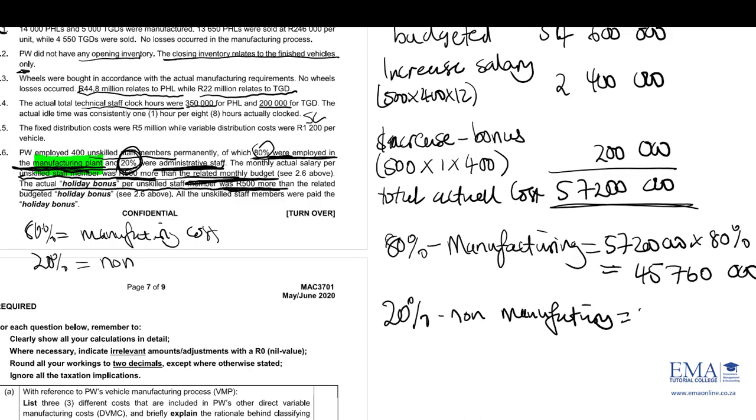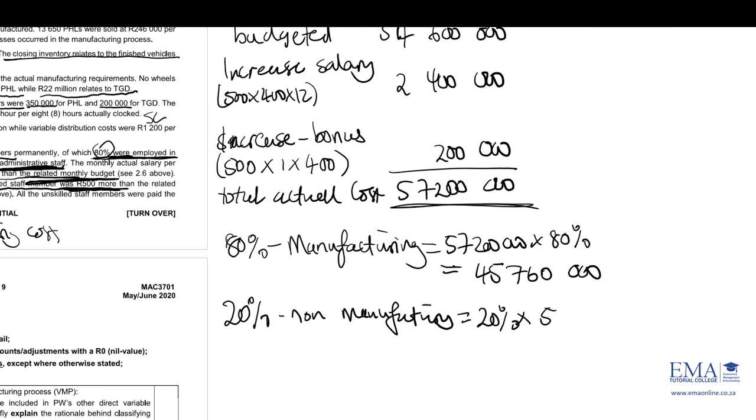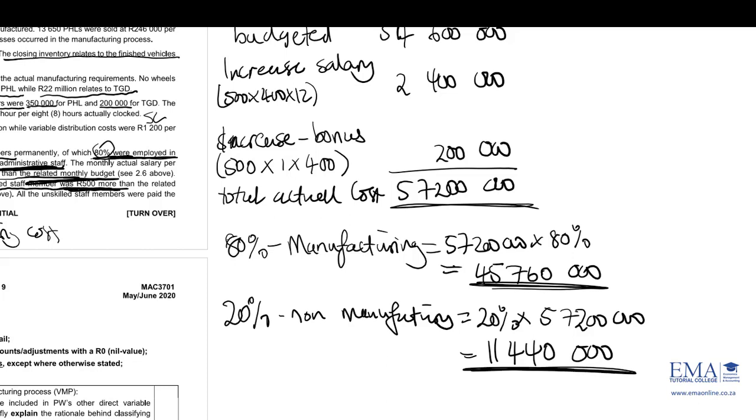So the 20% multiplied by 5 billion, we're going to get 11,440,000, whereas the other one is 45,760,000. So this is the manufacturing, and this is the non-manufacturing.